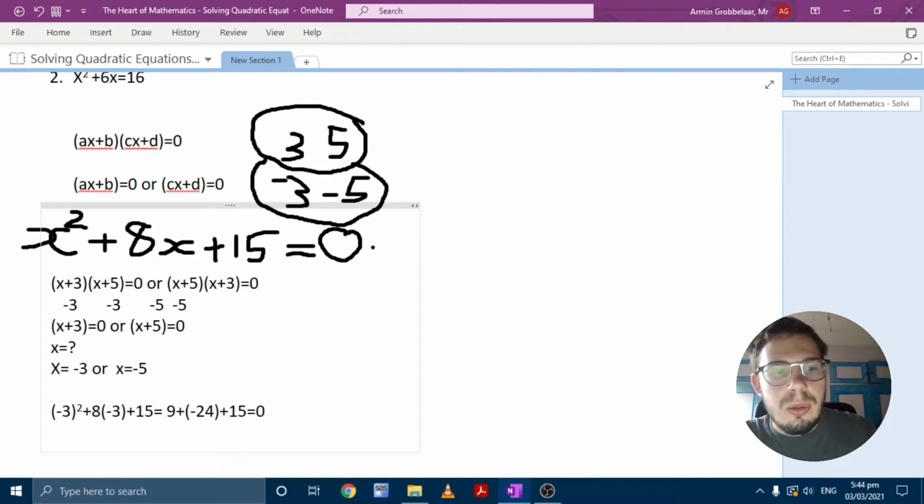So now that is equal to 9 plus 15 is equal to 24, and I have the minus 24 left, and that is equal to 0.